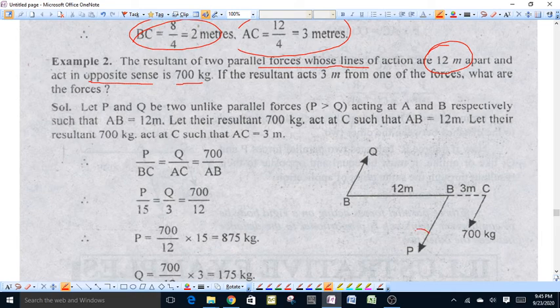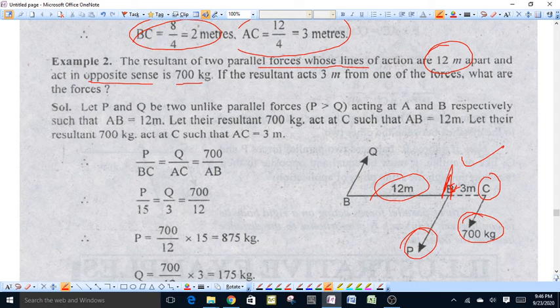Suppose the first force is P, which acts at point A, and the second force is Q, which acts at point B. These two forces are unlike parallel forces, and the distance between their lines of action is 12 meters, and the resultant 700 kg acts at point C, which is 3 meters apart from the first point A.